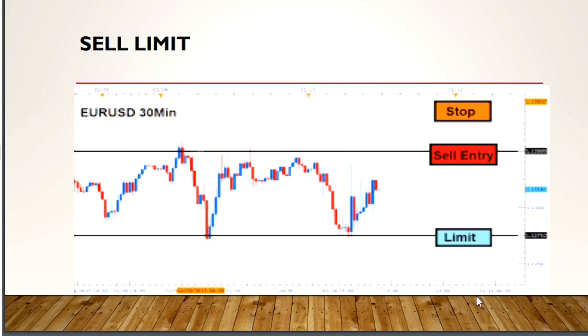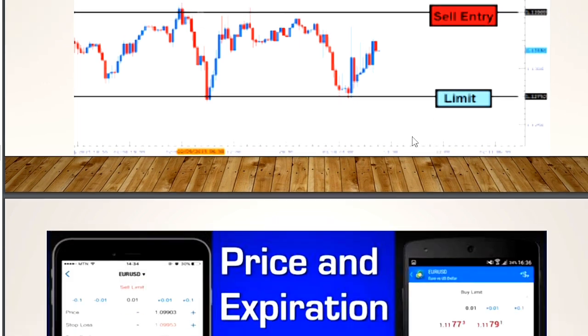That is your sell limit. So this is the limit at which you feel the reversal can occur. When it gets to this point, it triggers here and begins to go down. That's sell limit. Sell limit is placed above the entry point, while sell stop is placed below the entry point.